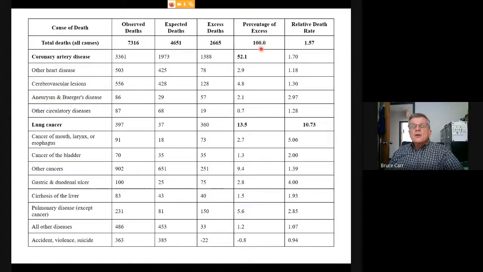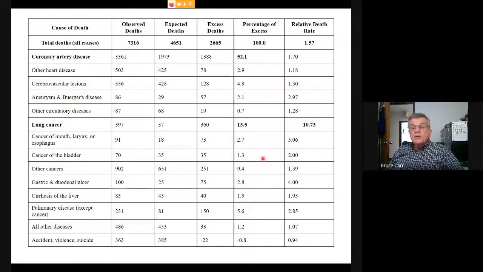The relative death rate is 1.5 over a non-smoker when you're a smoker. When you break it down, you'll notice some dramatic numbers. Coronary artery disease, 1.7 times the probability of that disease in a non-smoker.